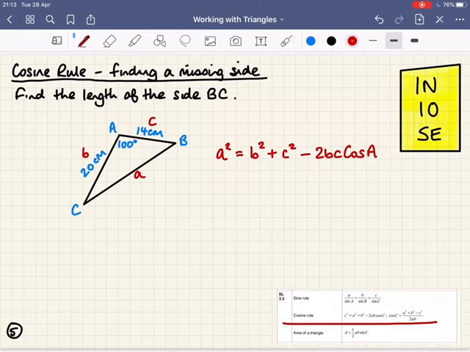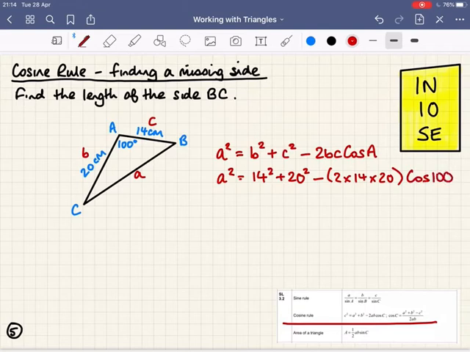And then it's just about substituting the numbers in. A squared, well, the other two sides are 14 squared and 20 squared, and then minus 2 times 14 times 20 times cos 100. And if I work that out on my calculator, taking good care, A squared equals 693.24.